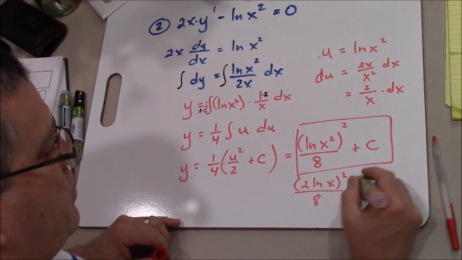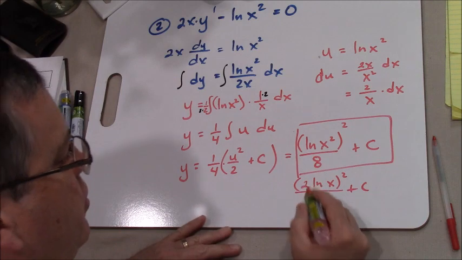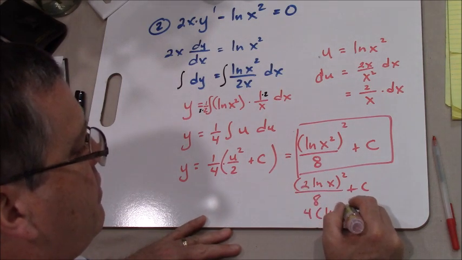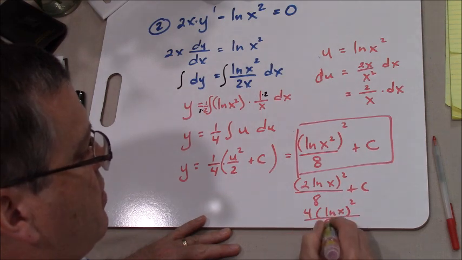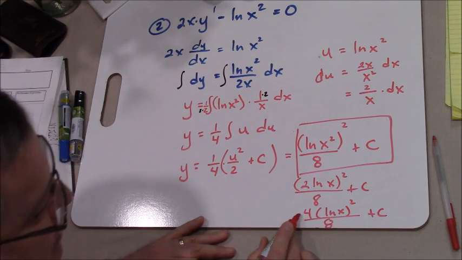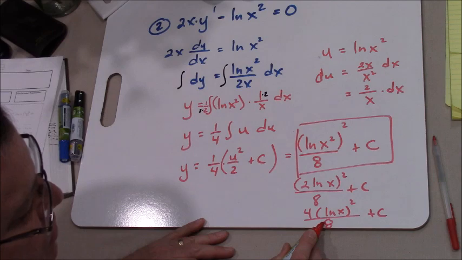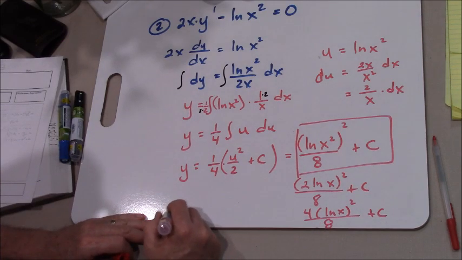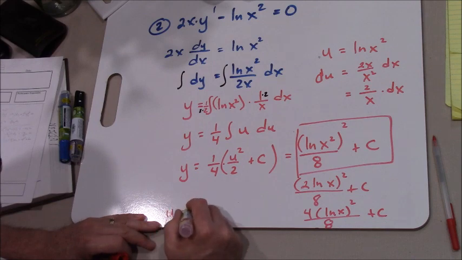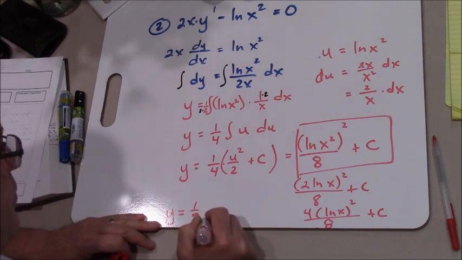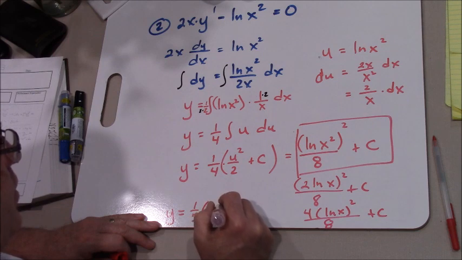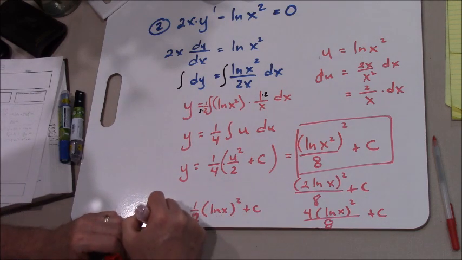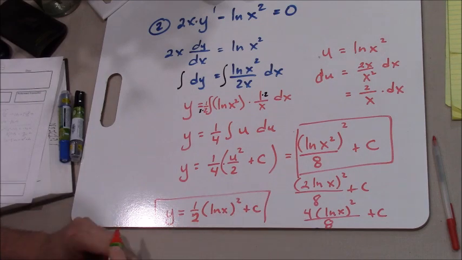If I square the 2, what I get is 4 natural log of x squared over 8 plus c, and then that 4/8 can reduce down to 1/2. So I guess we could say that y is equal to 1/2 the natural log of x squared plus c. That might be the answer they have in the back of the book.